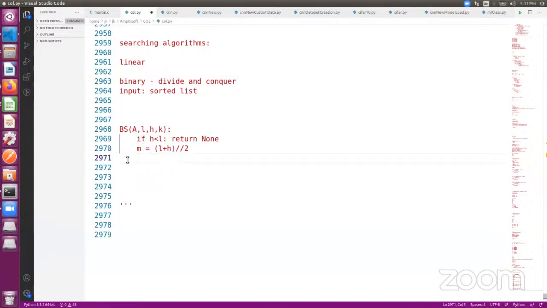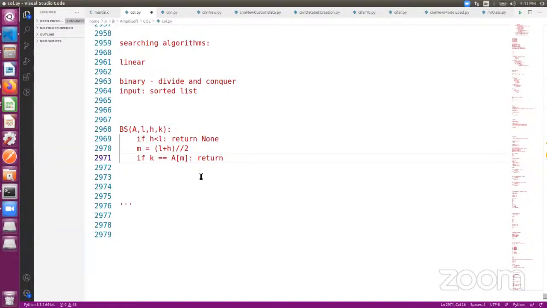Next, we compare this mid element with the key. If key is equal to a of m, what should we return? We are returning the index of the element where it is present.